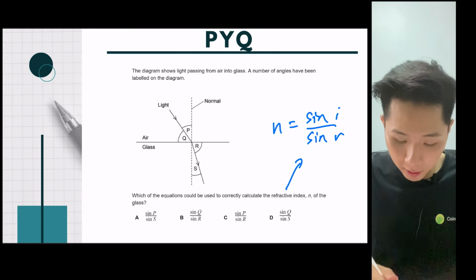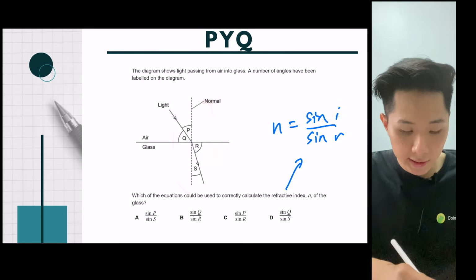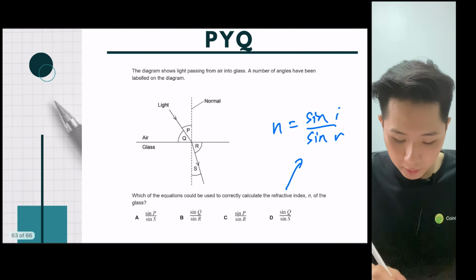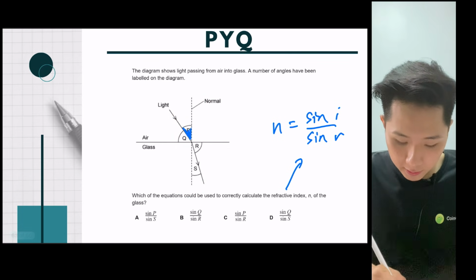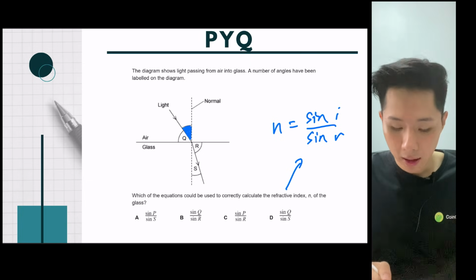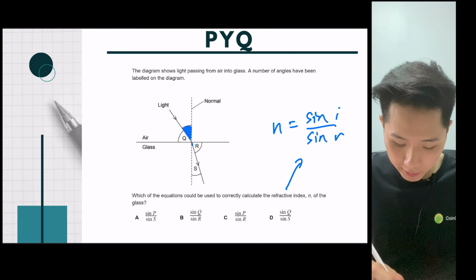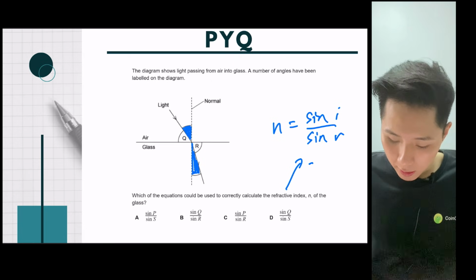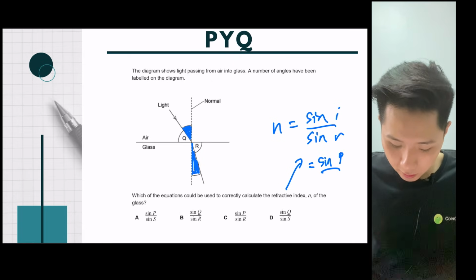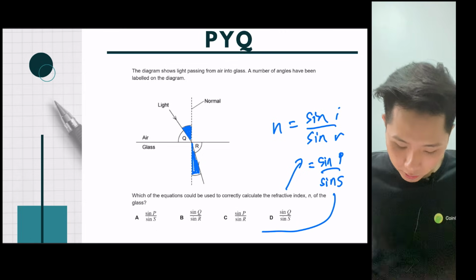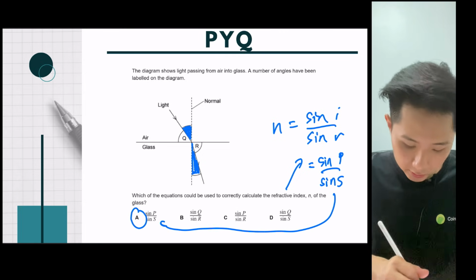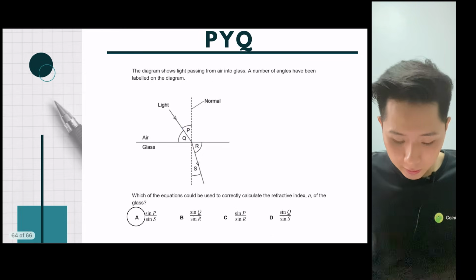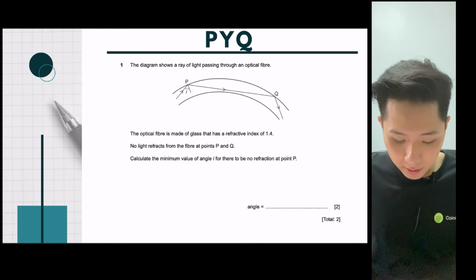So the incident angle in this diagram is the angle between the light ray hitting the glass and the normal line. Whereas the refractive angle is this one. So in other words, our equation should be sine P over sine S, which leads us to our answer here, which is A.